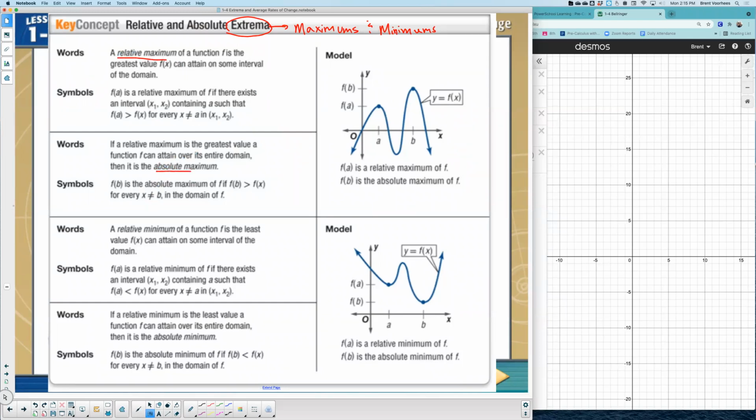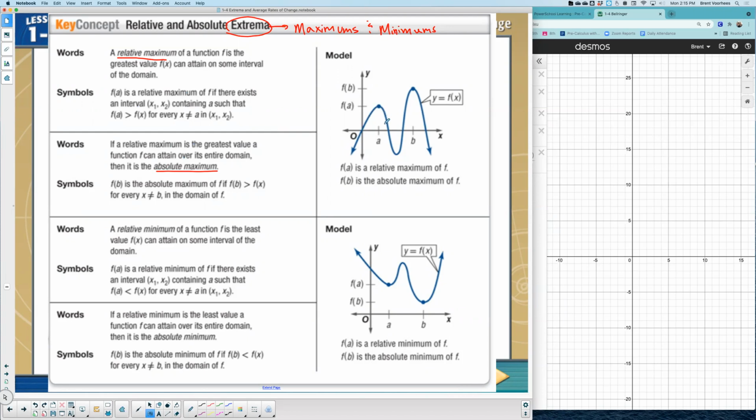Now you will see that there are relative and absolute. Where's absolute? There it is. Absolute. So the word relative means that it's a maximum, but it's not the highest maximum on the graph. And absolute means it is absolutely the highest maximum. Now, what generates a maximum is when you switch directions from increasing to decreasing. You will have a maximum. It looks like the top of a hill, kind of like here.